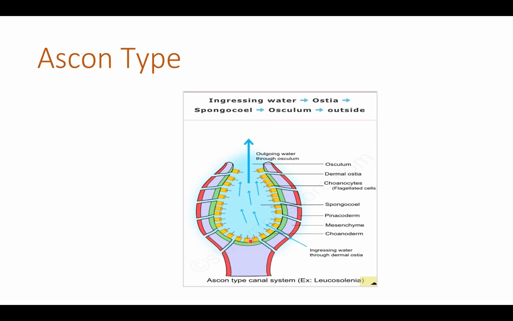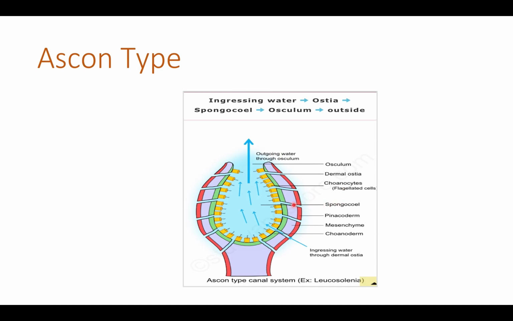The rate of water flow is slow because the large spongocoel contains much water which cannot be pushed out readily through a single osculum. So first water enters through dermal ostia, then it comes into the spongocoel, and then through the osculum water exits out.